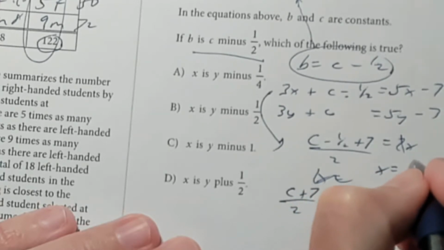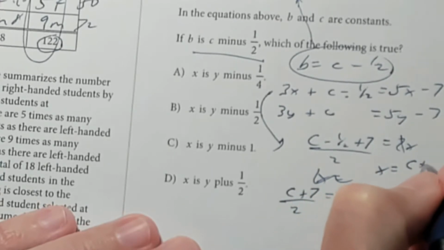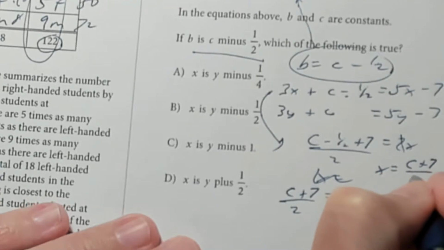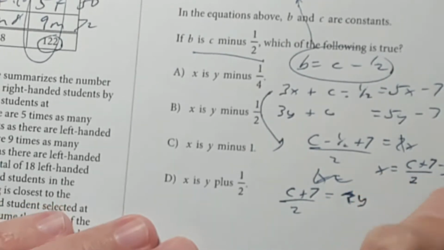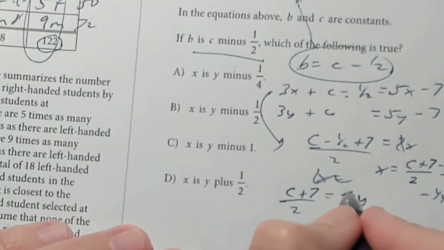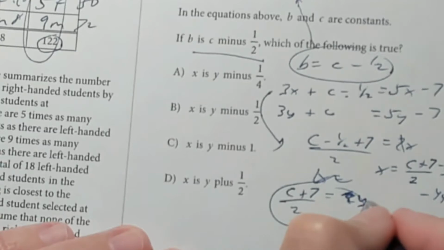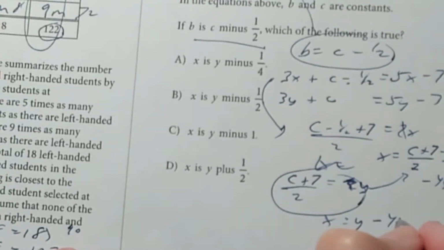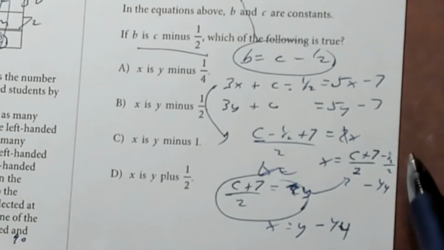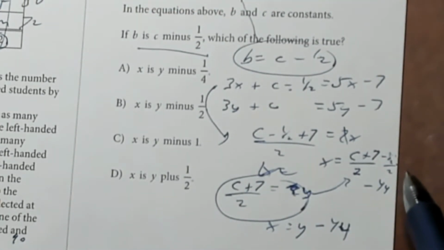X equals c plus 7 over 2 minus 1/2 over 2, which is minus 1/4. And we already figured out from this one that y is this, so you put it in there. So x equals y minus 1/4, because we had here the 1/2.